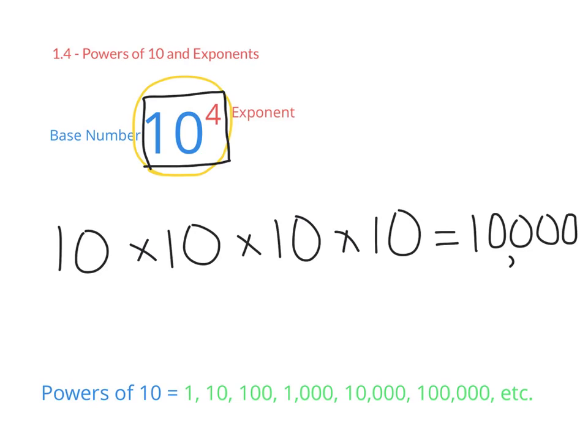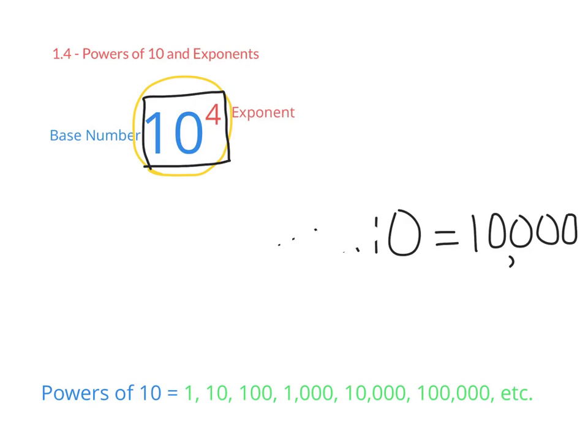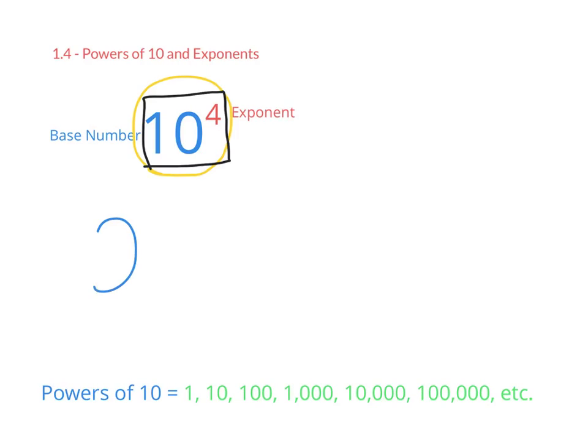Now you can use exponents with any number. You don't have to just use exponents with the number 10. So for example, we could have 2 to the 3rd power. What this means is our base number is 2 and our exponent is 3.